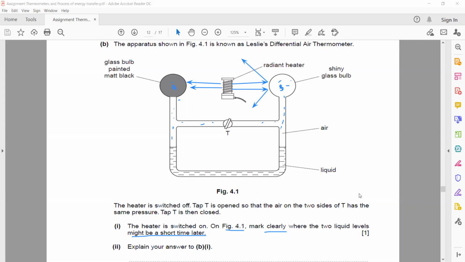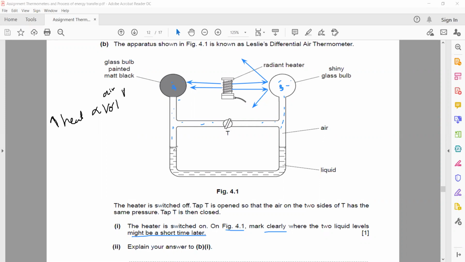So inside the dull black bulb, what happened? The air absorbs more energy. If air absorbs more energy, as we know, what is the effect of the heat? When we supply heat energy, the volume increases. So the heat energy is absorbed by air, the volume of air increases, air expands.